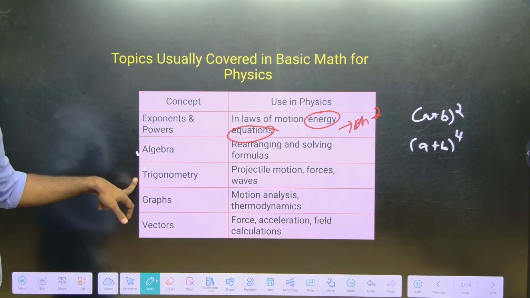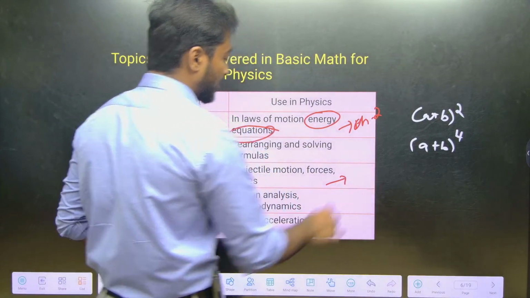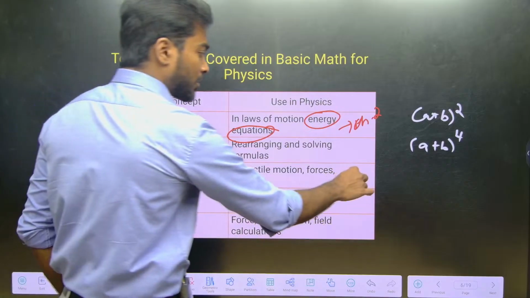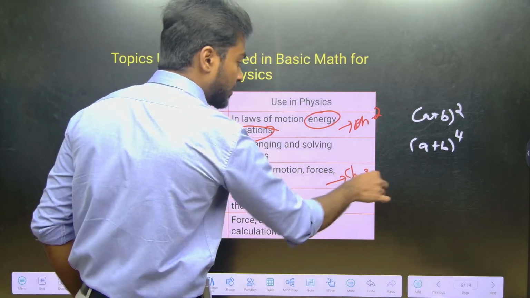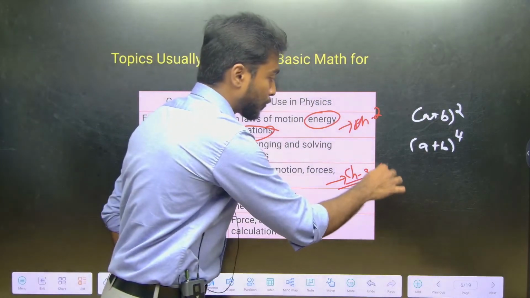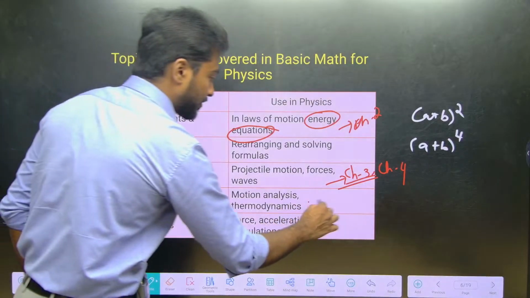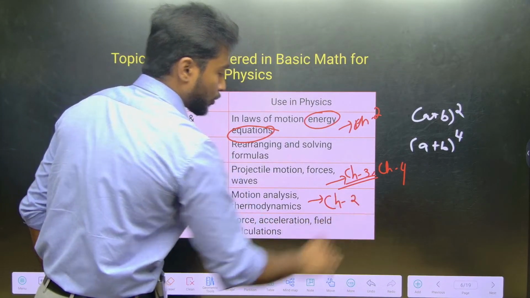Then trigonometry. The chapters we focus on are chapter 3, motion in a plane, and chapter 4, laws of motion. Then graphs are important in chapter 2.